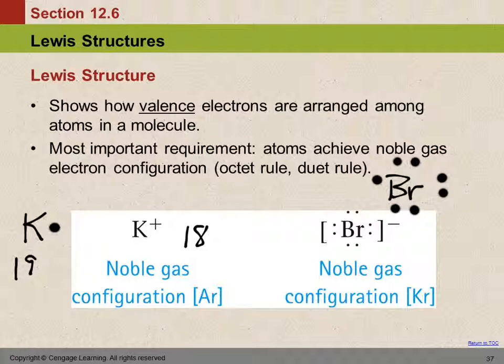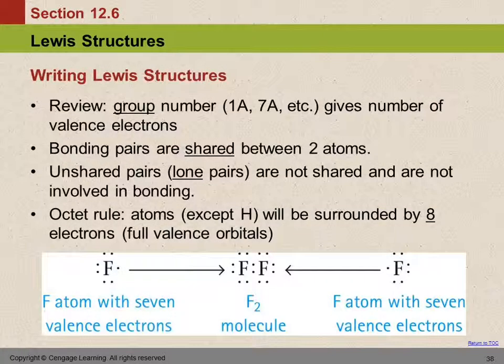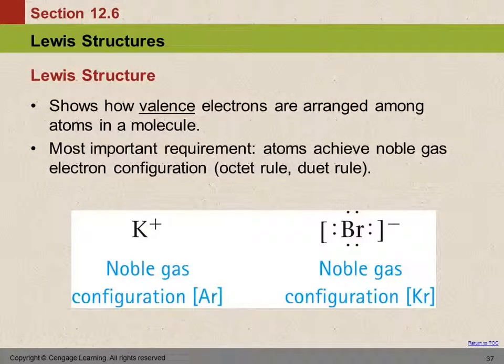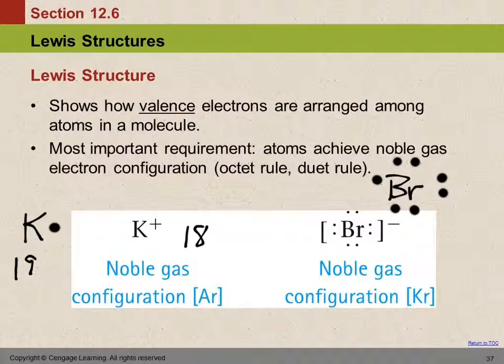Sorry, Mrs. Stan, I don't understand. Okay, that's a good question. Where are these dots coming from? In a Lewis structure, we represent the valence electrons as dots. We don't want to look at all the electrons because it gets way too complicated.